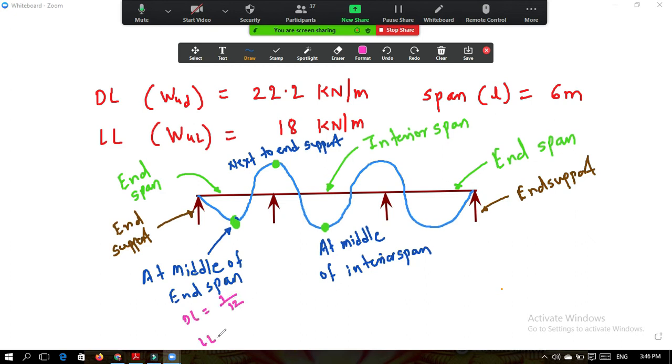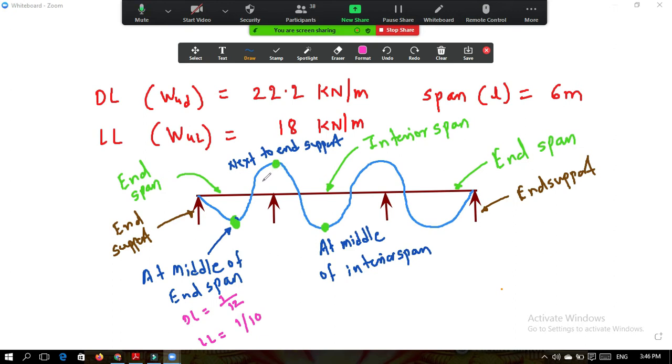And what is live load coefficient? Live load coefficient is 1 by 10. It is given in the IS code. Now if you go to the next point, next to the end support. Okay, support next to the end support.